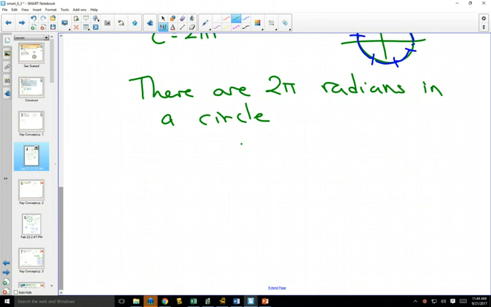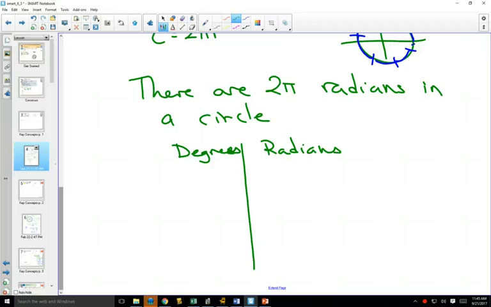Because if we make a chart, and on this side I have degrees, and on this side I have radians, what are 2 things that are equal? 0 and 0. Good one. 0 degrees is equal to 0 radians. 180 degrees is equal to how many radians?